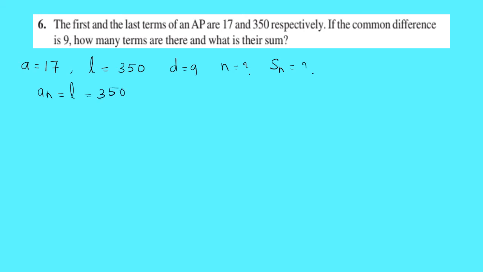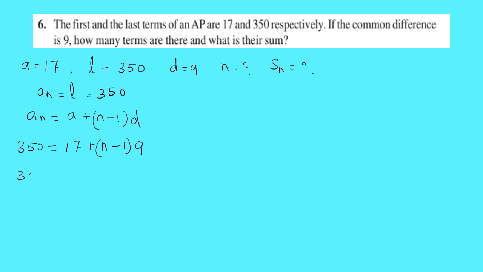Now you are having the formula An equal to A plus n minus 1 multiplied by D, that is 350 equal to A, that is 17, plus n we don't know, write as it is, multiplied by D, which is given as 9.